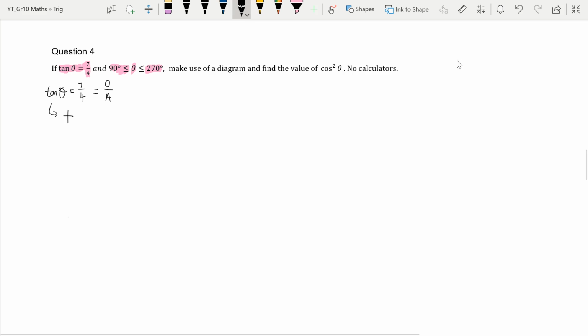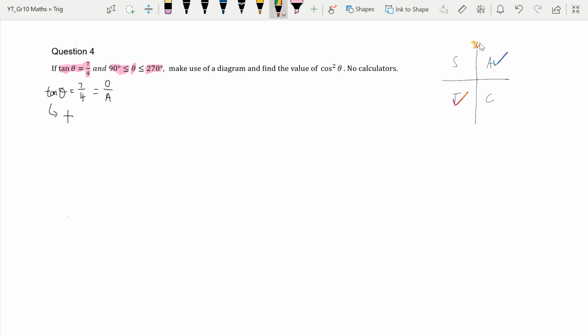So if we make just a rough sketch there of our CAST diagram, that helps us figure out which quadrant we're supposed to be in. So our tan ratio is given as positive. So it can be positive there and it can be positive there. If we consider the second given piece of information, that theta needs to be between 90 and 270.